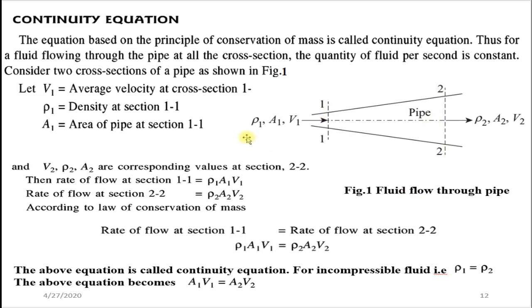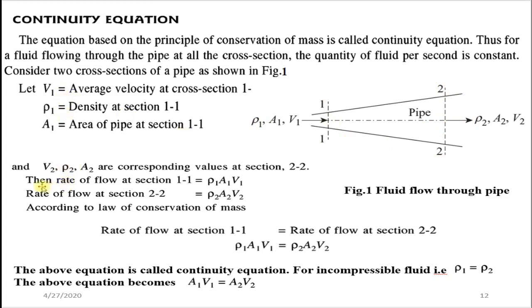Density, cross sectional area and velocity at inlet are named ρ1, A1 and V1, and density, cross sectional area and velocity at cross section 2 are named ρ2, A2 and V2. According to the conservation of mass principle, whatever the mass flow rate into the system at 1,1 is the same at cross section 2,2. That they have equated here.